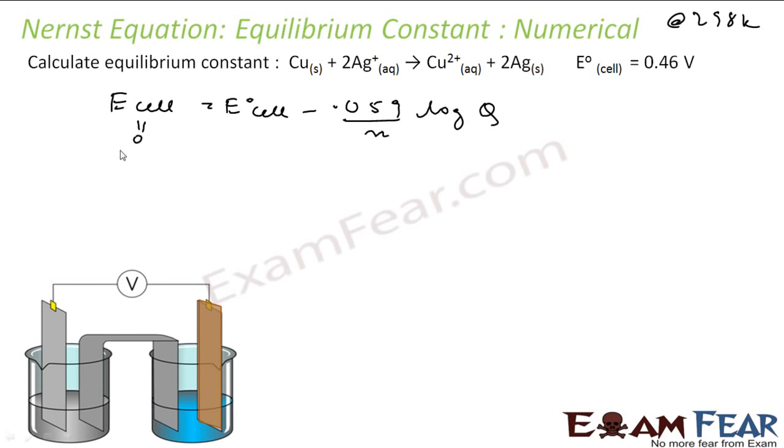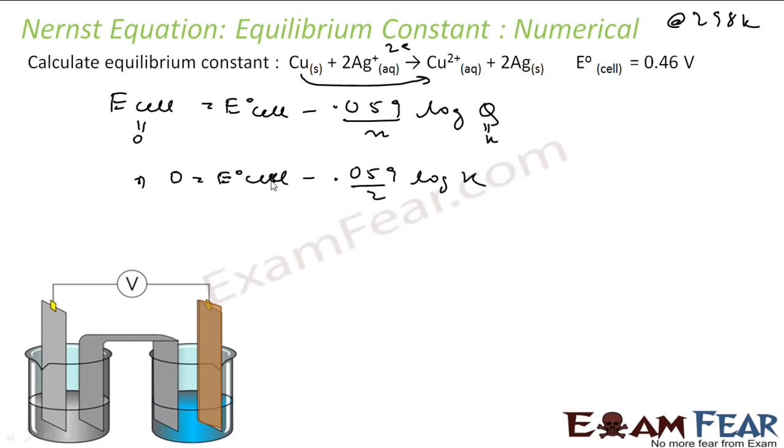At equilibrium E cell is 0 and Q is K. So 0 is equal to E naught cell minus 0.059 by 2 log of K, and for this equation n is 2, because copper becomes Cu2 plus, so there are 2 electrons. The E naught cell value is given, that is 0.46 volt, and volt cancels.